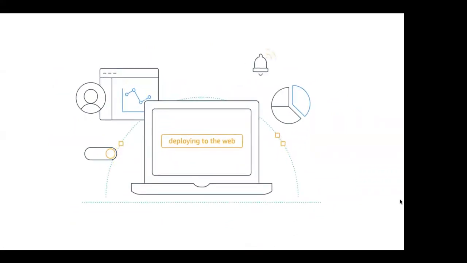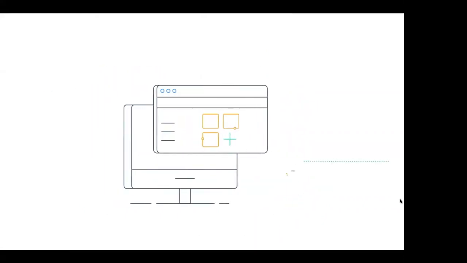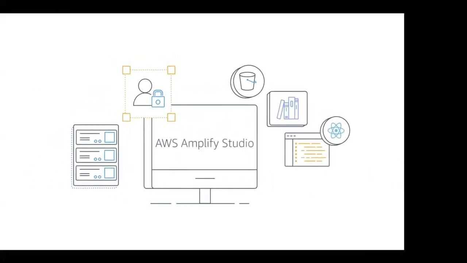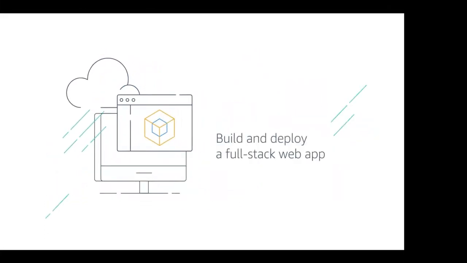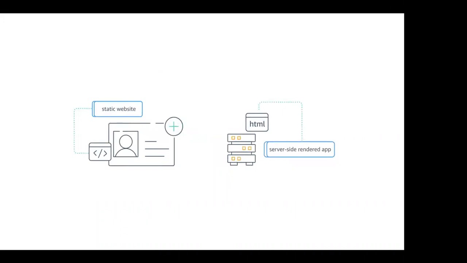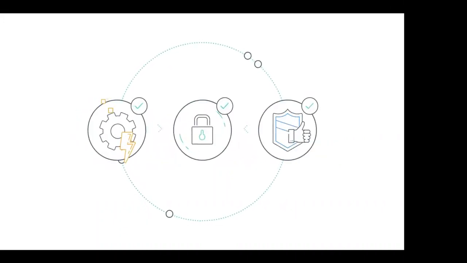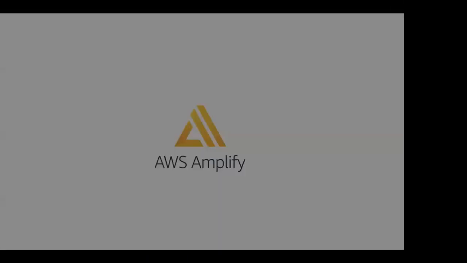With Amplify Hosting, deploying to the web only takes one command. Get started in the Amplify console. Once you've hosted your app, you can quickly add data, storage, auth, and more using AWS Amplify Studio's visual development environment. You can also easily build and deploy a full-stack web app. Whether you're building a static website or a server-side rendered app, you get the speed, security, and reliability you need, and the ability to quickly scale on AWS. Start building and deploying your app today.